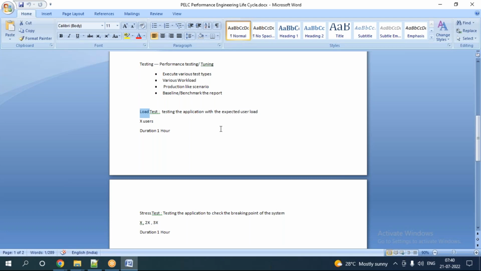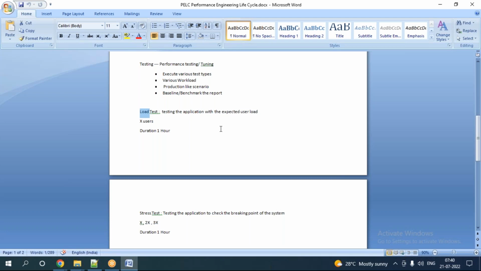What is a new application? Now only we completed the development, and now only we are going to deploy the application into production. That is called a new application. An existing application means the application is already there in production and end users are already using it. For an existing application it is easy, because you have the production log with you.